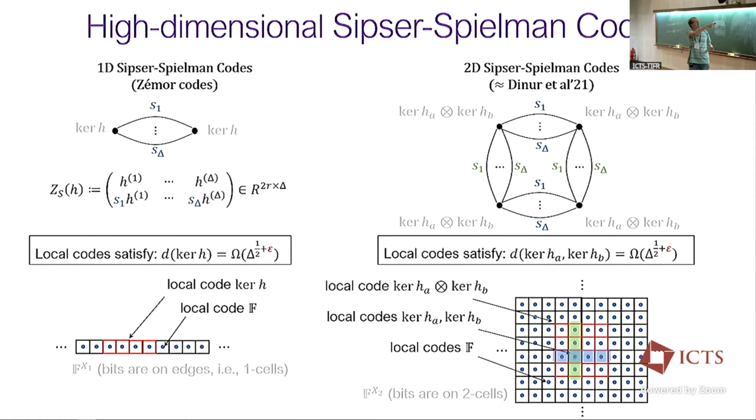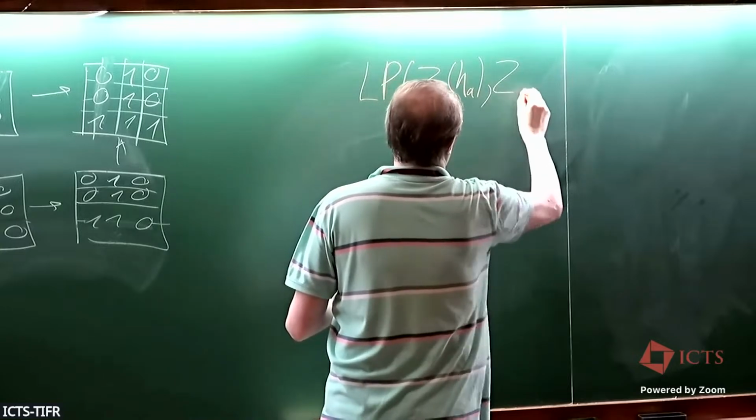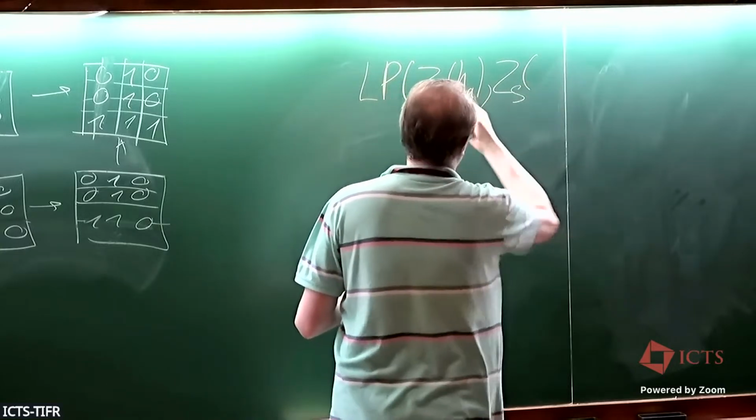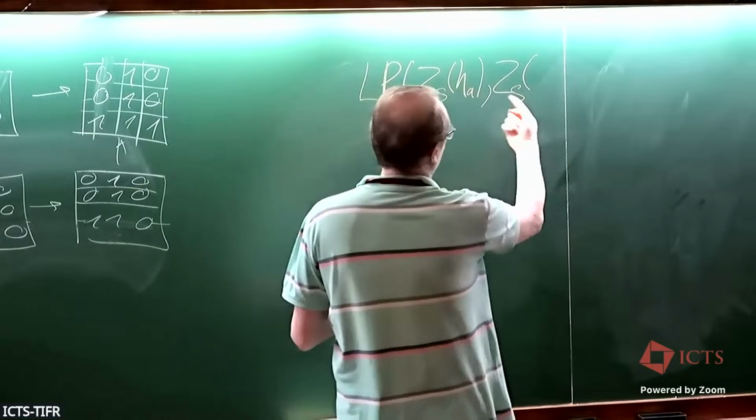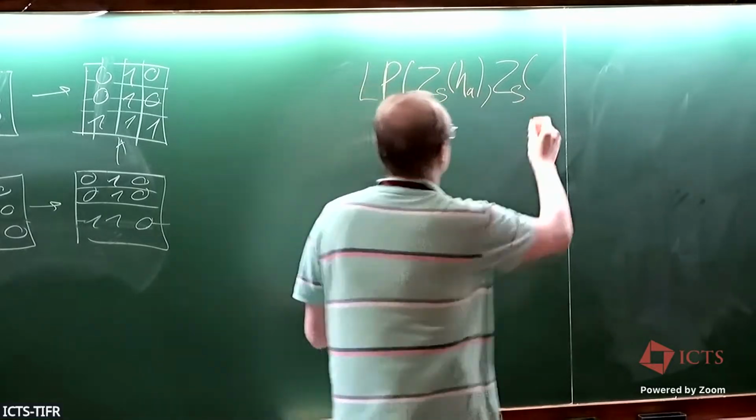But the idea is exactly the same. And the code that in particular we use in our paper is the following code. It's just a lifted product code applied to two Tanner codes defined on the same graph with the same generators. In our construction, we do not need different generators.